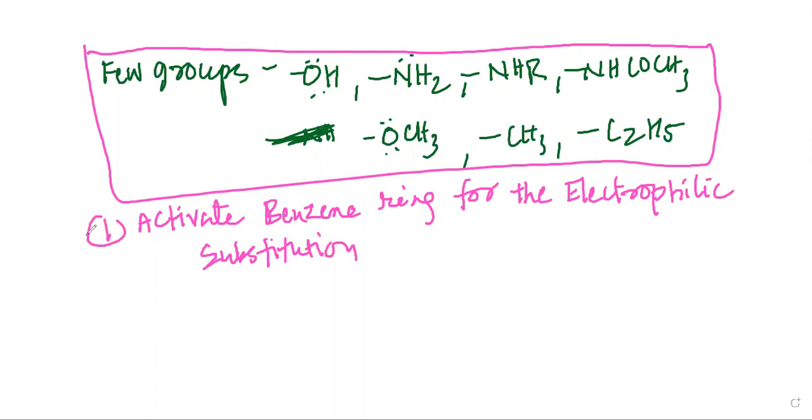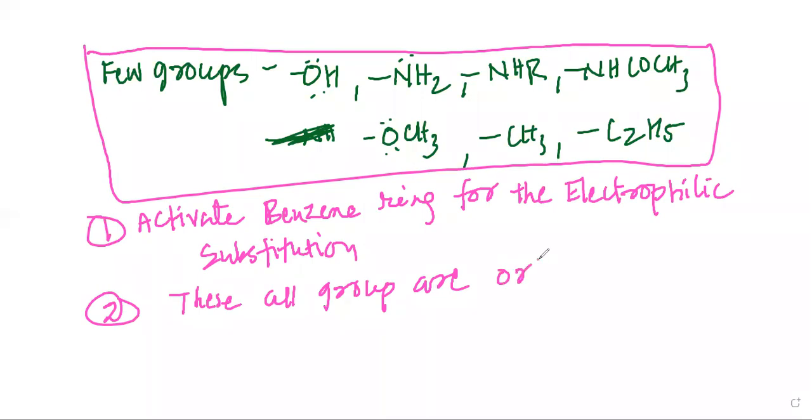This is the first thing. The second thing we can understand here is that all these groups are ortho-para directive. What does it mean?